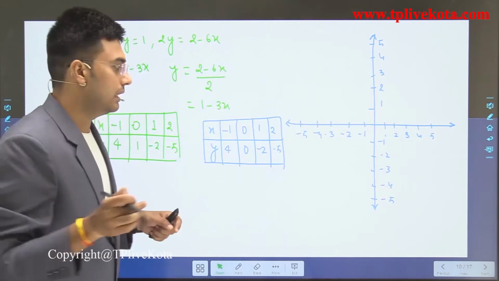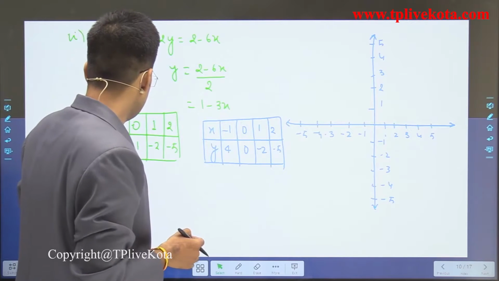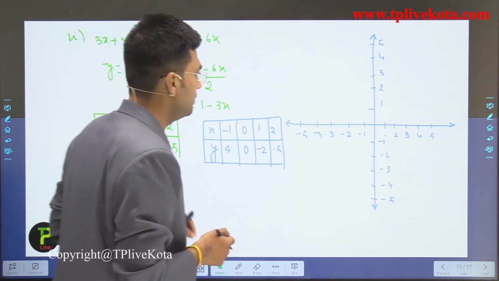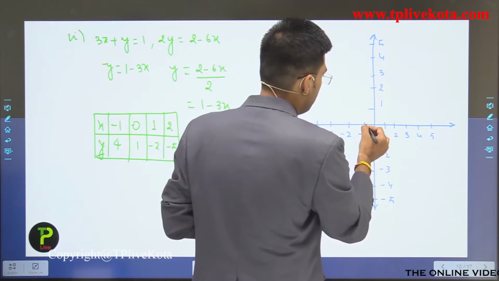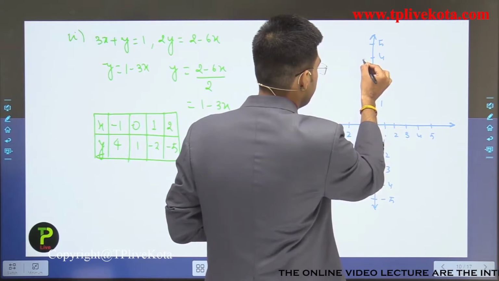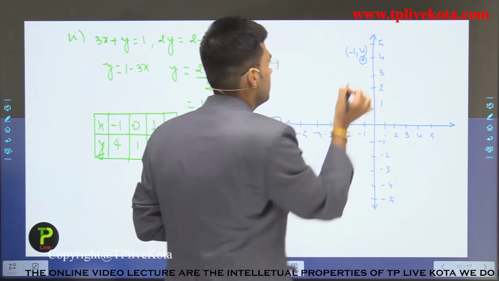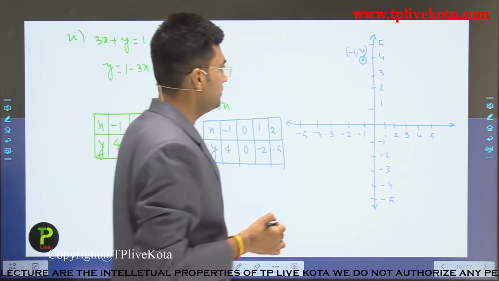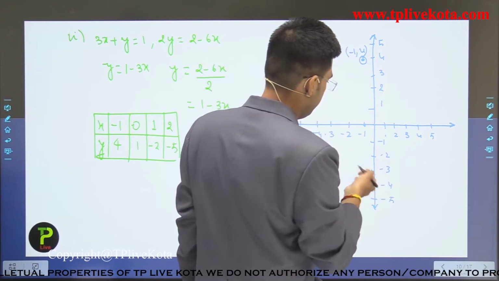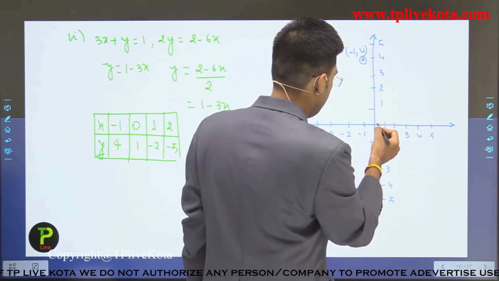Clear? Now first of all let's plot minus 1 comma 4. So this is minus 1 comma 4. Then 0 comma 1, this is 0 and 1.